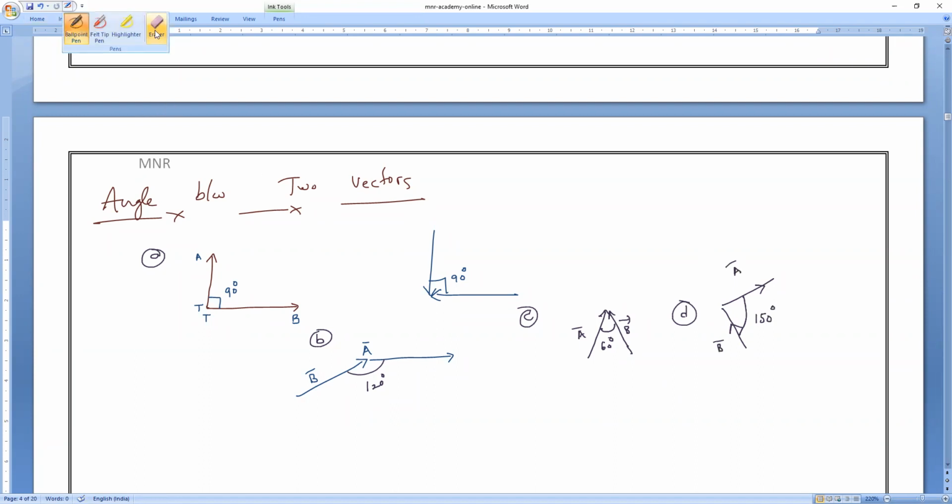I will draw a straight line so that you might be clear. So what is the expected angle between them? Maybe it is 150 degrees. Like this, whenever you are seeing the angle between the two vectors, I'm just giving examples.